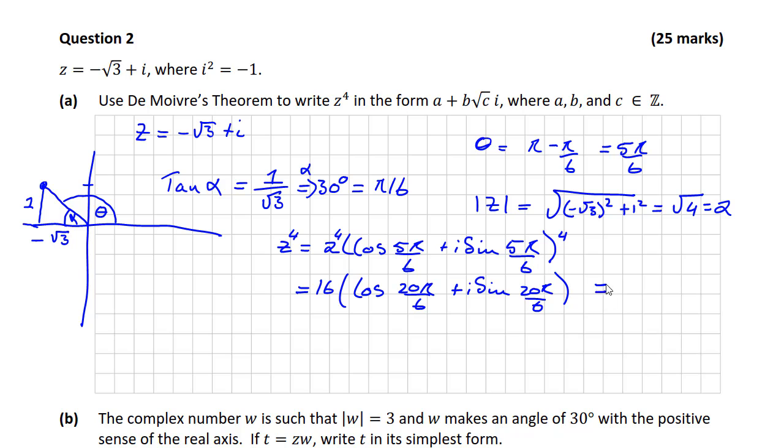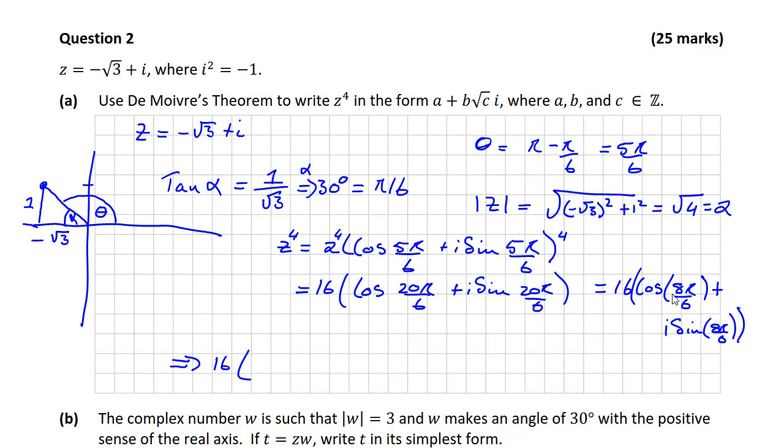And if we simplify that down, that is equal to 16 times the cosine of 8 pi over 6 plus i sine of the same. Okay, so we can say then that that is equal to 16 times the cosine of 8 pi over 6, which is the same as the cosine of 4 pi over 3.